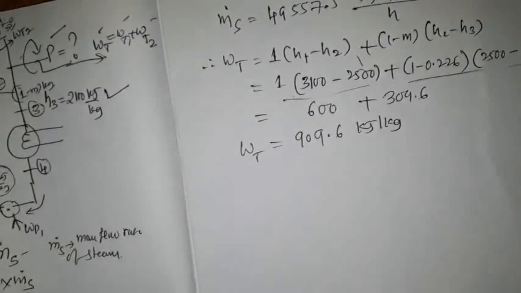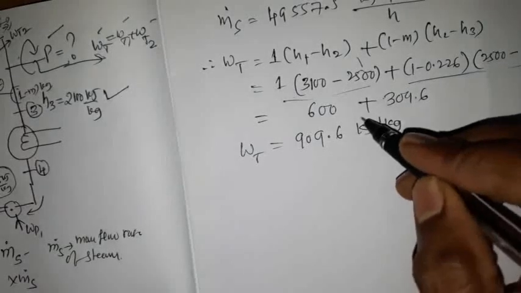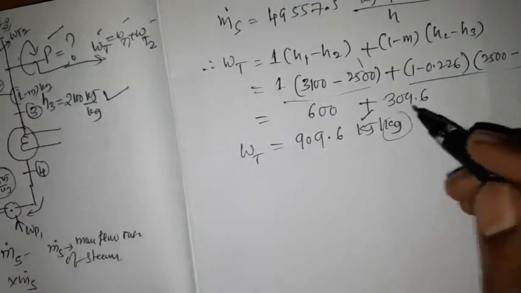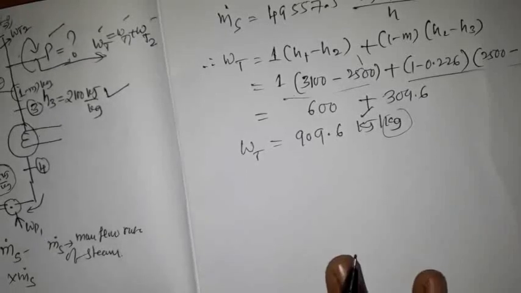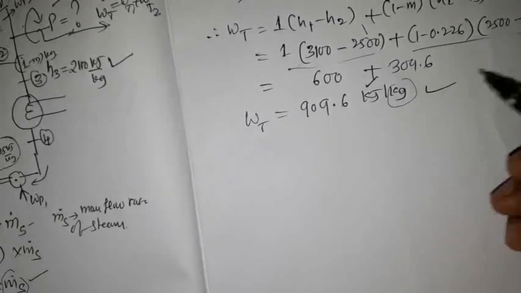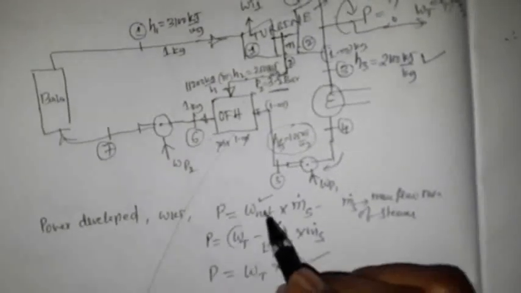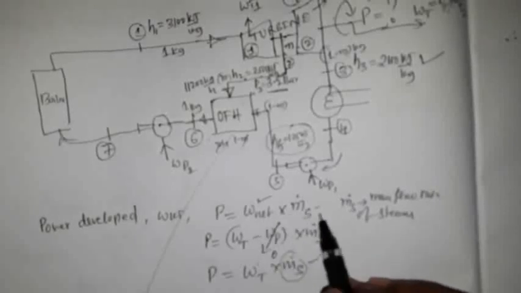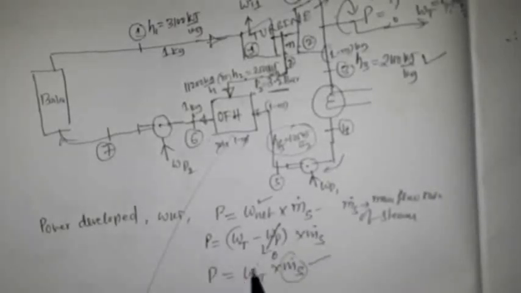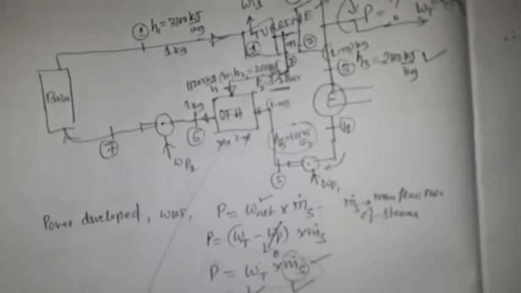Means this turbine is able to develop 909.6 kilojoule of turbine work when 1 kg of steam is supplied into the turbine. So we calculated the turbine work in the power equation, and we wanted to calculate power. This is W net into m dot s. Now we calculated both the turbine work as well as the mass flow rate of the steam.